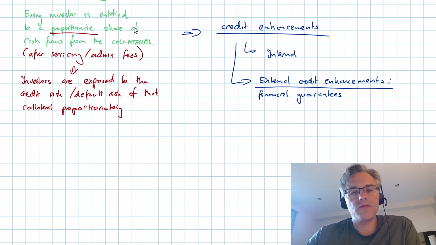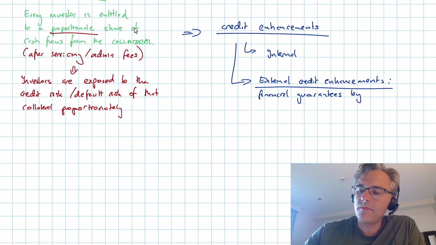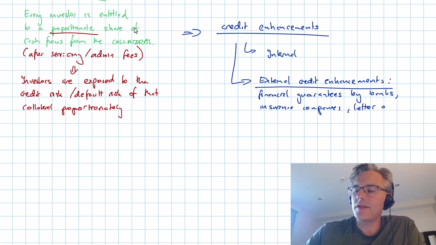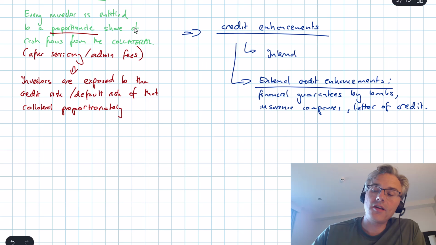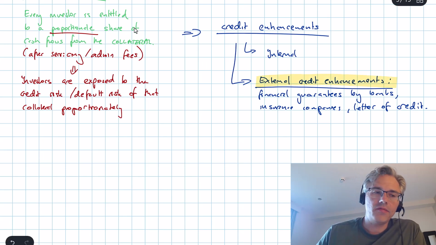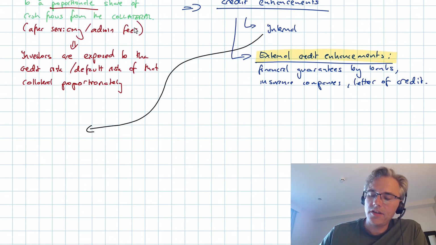They come about because there is a financial guarantee provided by somebody, by banks, maybe by insurance companies. Maybe there's a letter of credit, which is once again a very specific way to provide assurance that something will be covered if things go wrong. So these are the external credit enhancements. Your book doesn't really say any more about this. It does, however, have plenty to say about the internal ones.